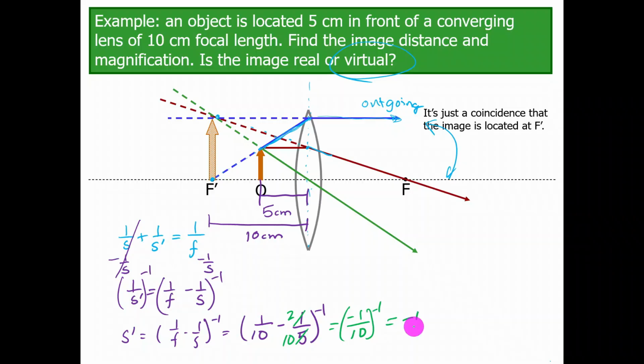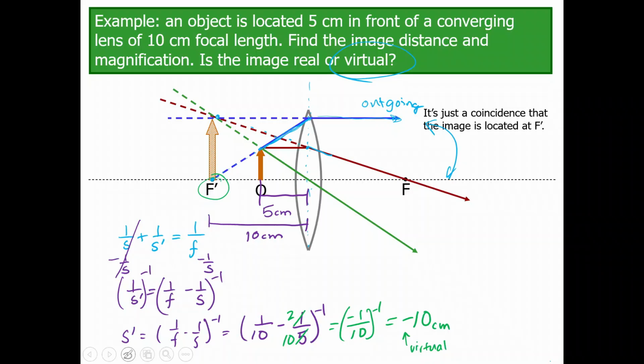And so I get -10 centimeters for my s prime. And so that's how I know that my s prime is going to be in the same location as my focal point over here, because my focal point's at 10 centimeters. And it's negative because we have that virtual image, because we are not on the side of the outgoing light.